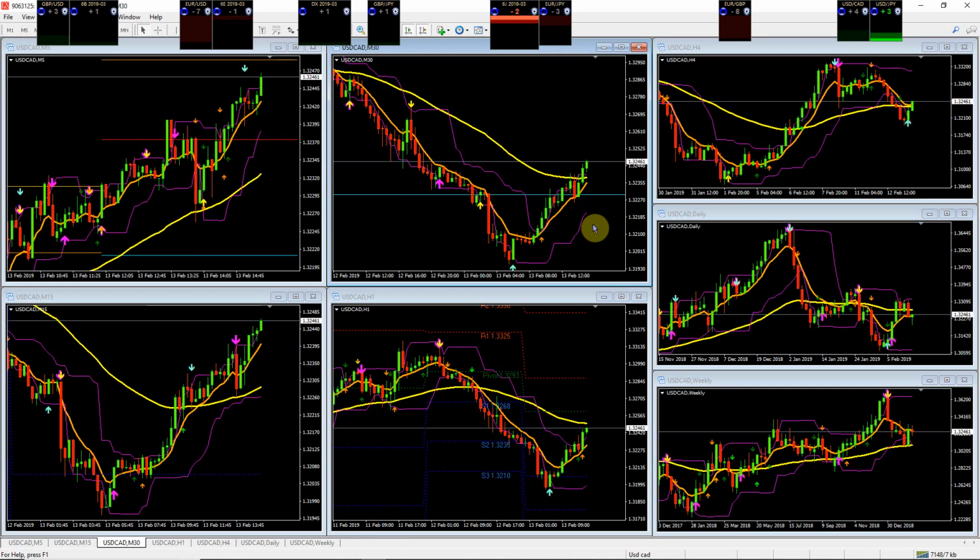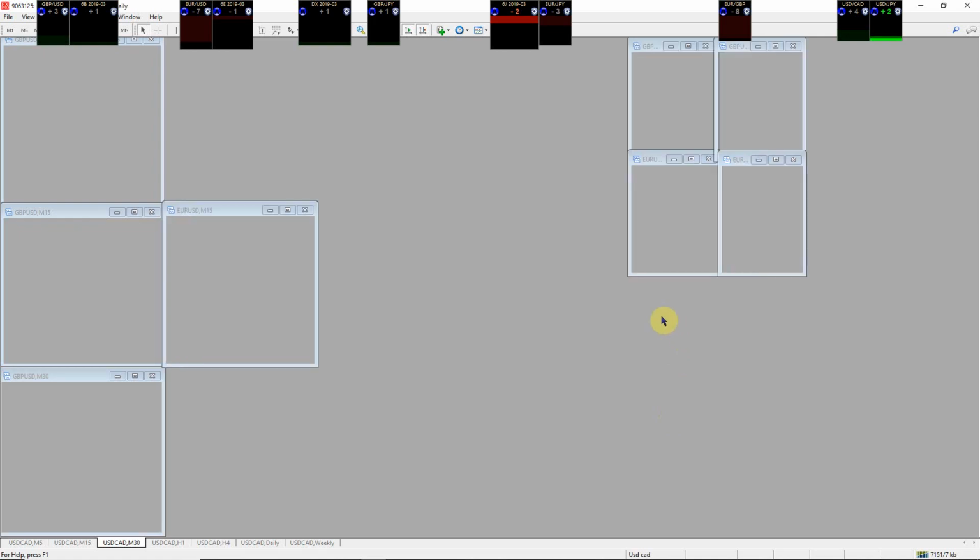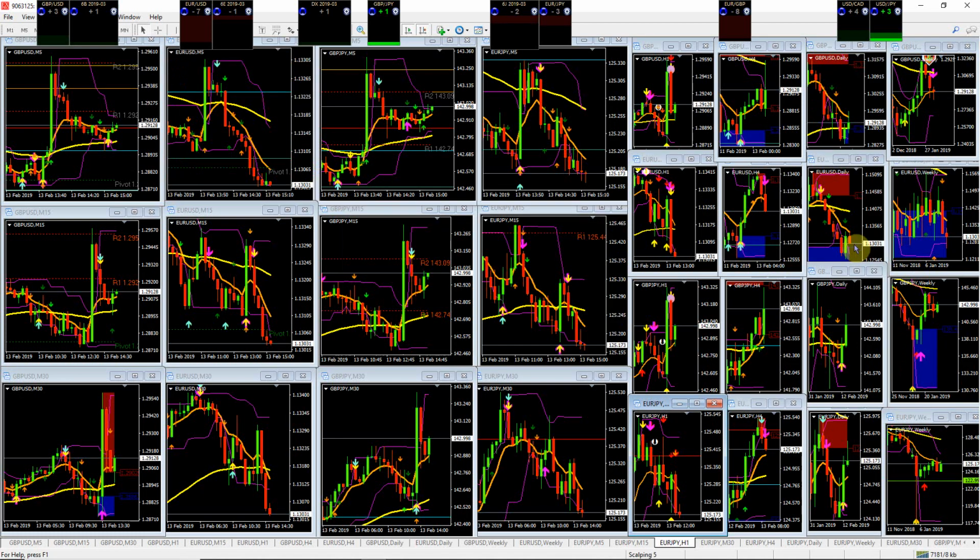It's about 80% as compared to these 4 pairs: Pound USD, Euro USD, Euro JPY, and Pound JPY.